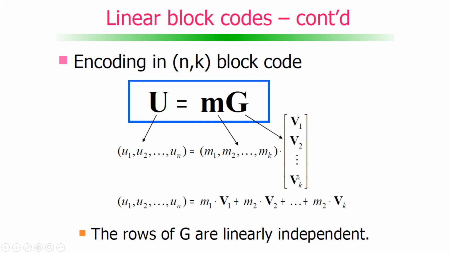The important thing about the generating matrix is that the rows of G, V1, V2, Vk, these are actually the rows. These will contain elements, right? So V1, how many elements will be there? Vk, these are the Vk elements, right? These rows of G should be independent.